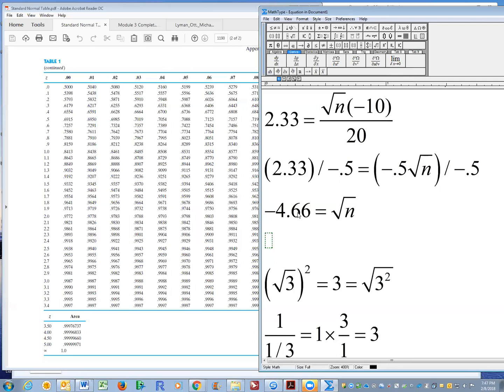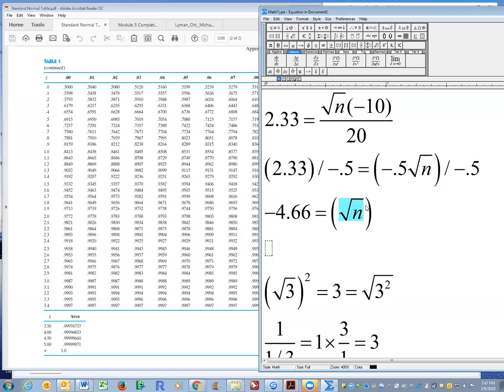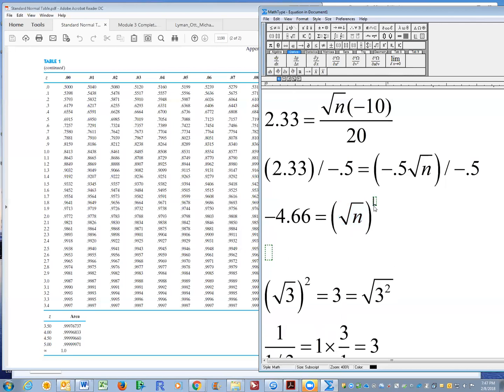So what I want to do to both sides of this equation, to get n by itself, is square both sides. If I do that to the right-hand side, I've got to do it to the left-hand side. So I'm going to square negative 4.66. And what is that squared?